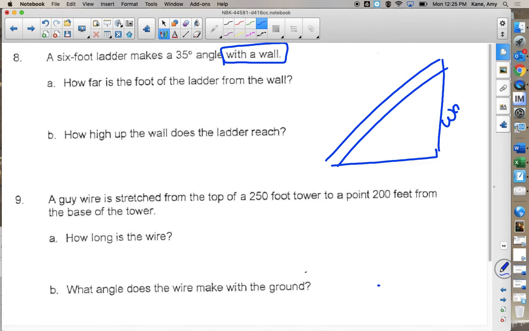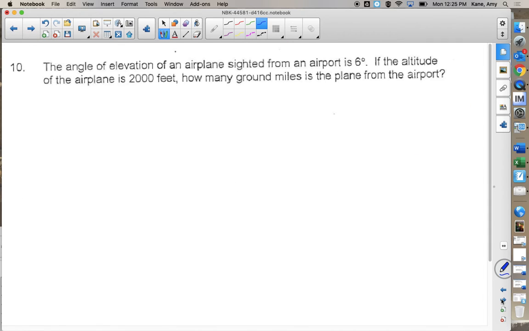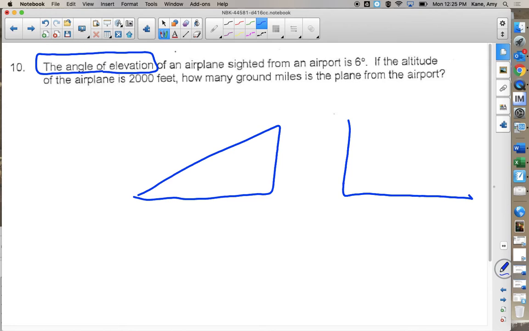So think about where your wall is and what angle is connected to the wall. I think we did one with the river, where it has to touch the river. But the angle of elevation, which is the next one here, is always the angle at the bottom of the triangle, whether you draw it like this or like this. My object is up here, and somebody is looking up at the object. So it's always the bottom angle where you would elevate your head to view that object in the sky.